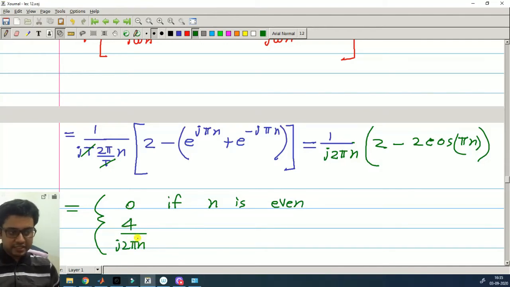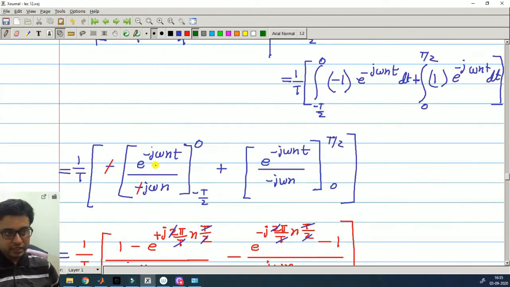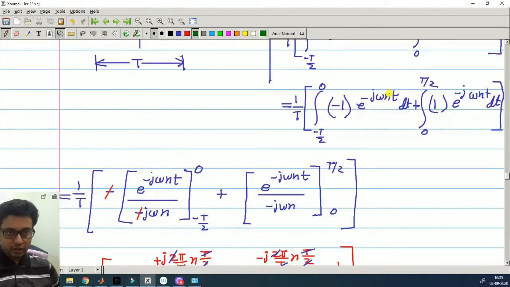Okay, that is the answer, but this is true if n is not equal to 0. See, this is provided n is not equal to 0, because if n is equal to 0 here, then during the integration you cannot divide by n. So be careful about these small things that we often overlook.